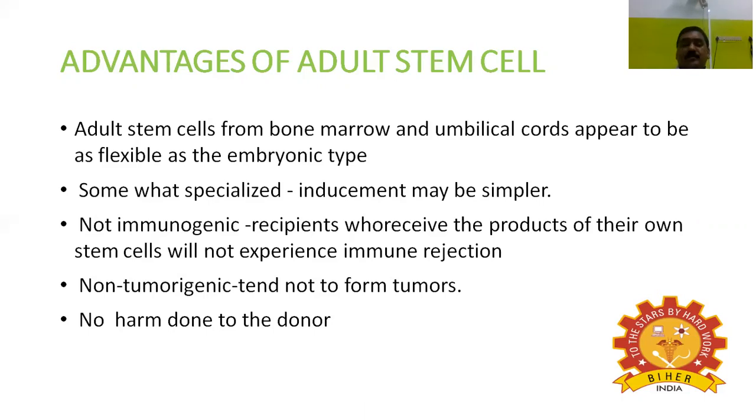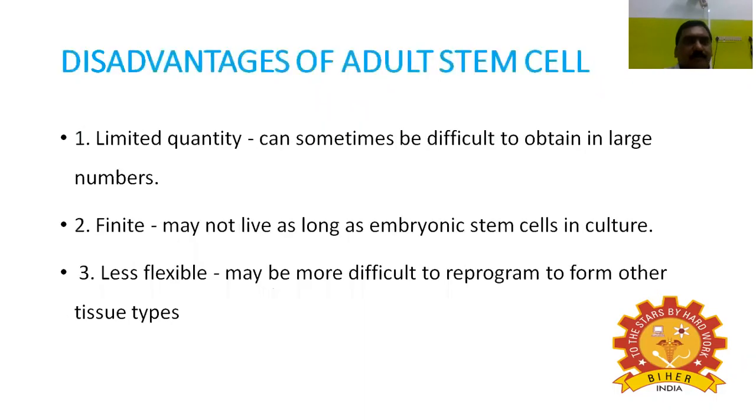The recipients who receive the products of their own stem cells will not experience immunological rejection. There are 4 different types of immunological rejections. It's also not tumorigenic. That means it tends not to form any tumor in the human being, and it never harms the donors. Next, I'm coming to the disadvantages of the adult stem cells.